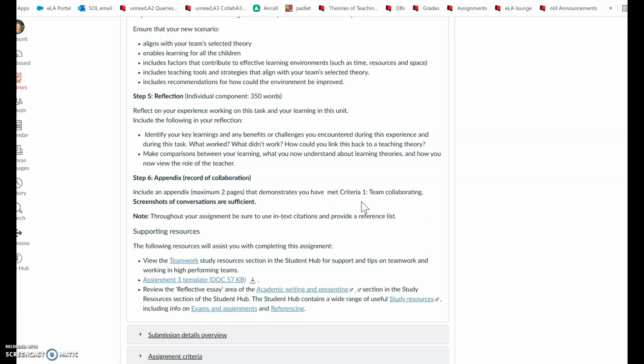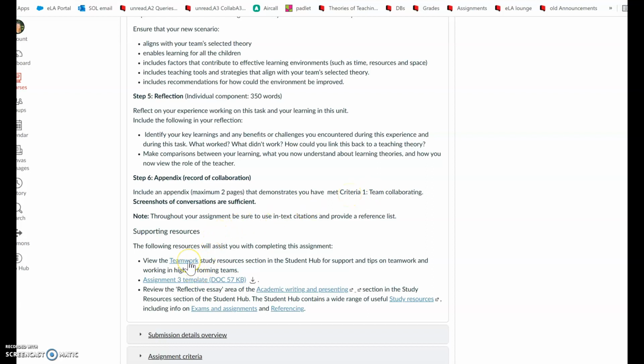But just remember that your ELA won't be able to check all of those. So your appendix, or step 6, is where you take screenshots to demonstrate your collaboration with your ELA, and that becomes part of your grading, just part of criteria 1.